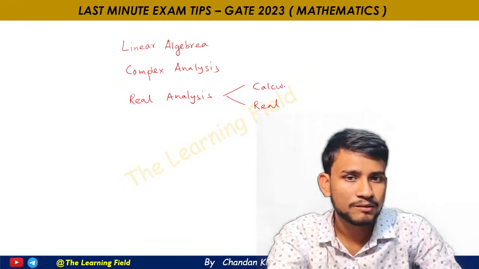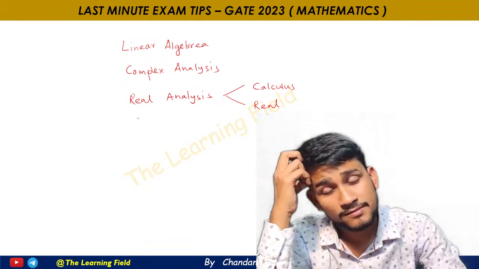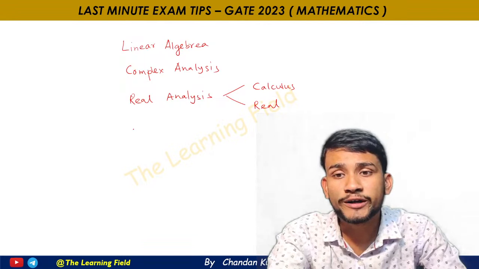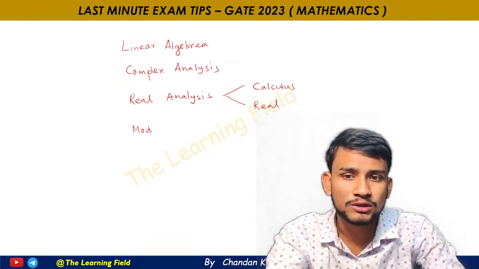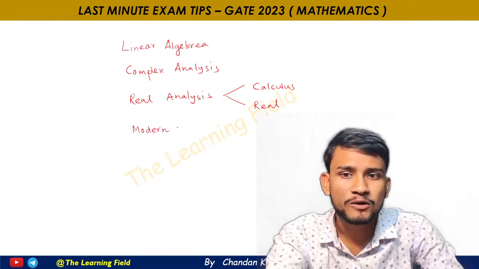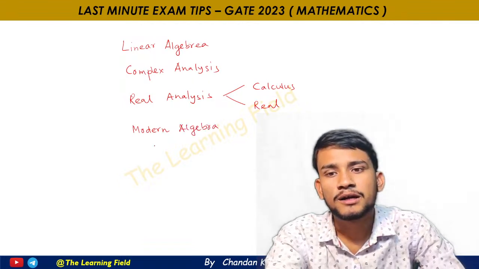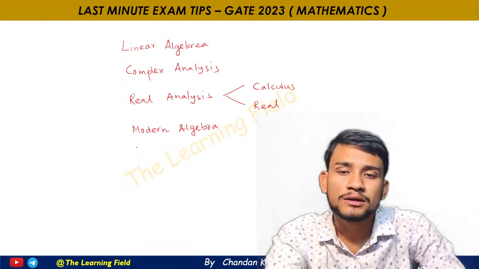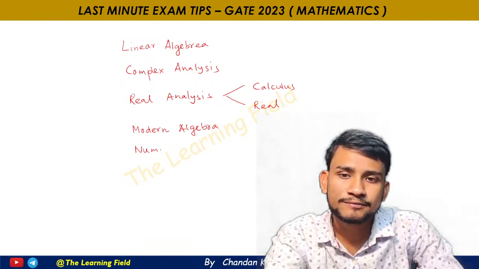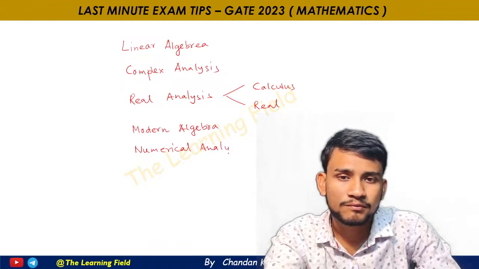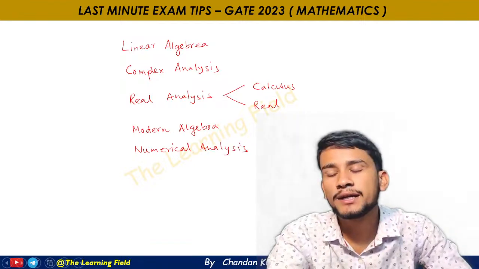Then the third one is modern algebra, then the fourth one, abstract algebra, and then numerical analysis.